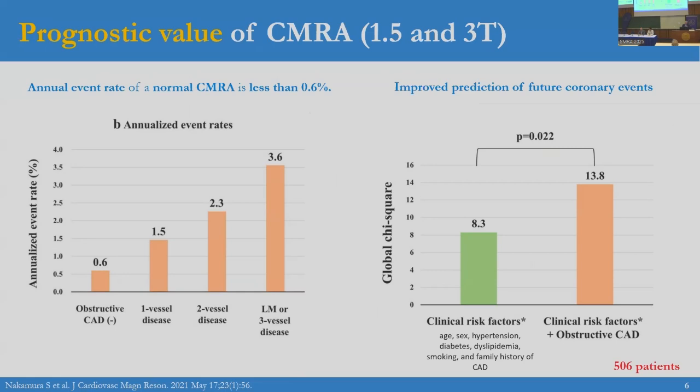If there's no obstructive disease, it's very low, 0.6%. If they have 3-vessel disease, it's more on the order of 3 to 4%. What they also showed in this study is that if you add CMRA to clinical risk factors, you can improve risk stratification of those patients.